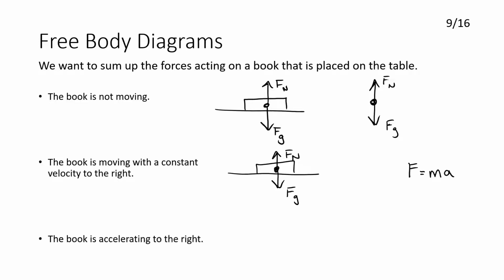Finally, the book is accelerating to the right. We have the table holding it up as the normal force. We have the force of gravity trying to pull it down. But now I am accelerating it in the positive x direction. So I have a force to the right. I think last time I didn't label this.